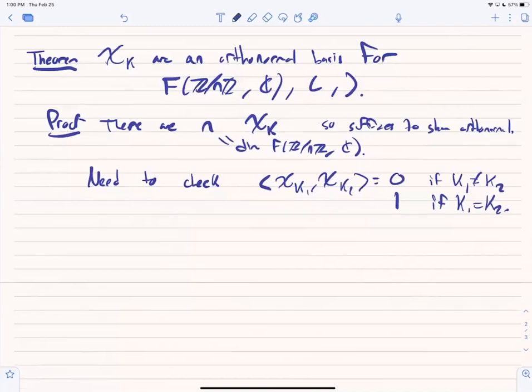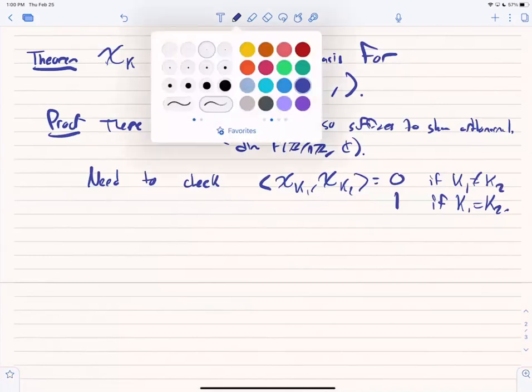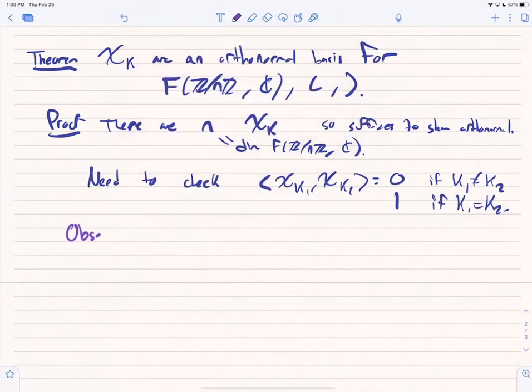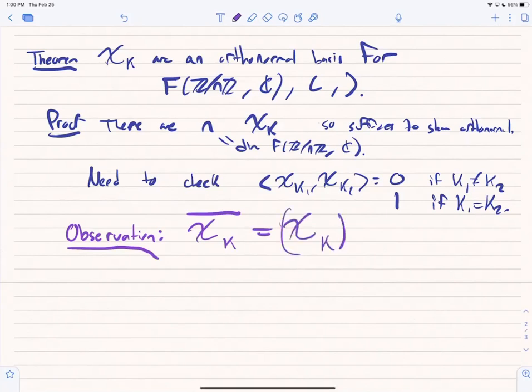So an important observation in this computation is that if I take the complex conjugate of chi k, so chi k bar of t is the complex conjugate of chi k of t, this is equal to chi k inverse.